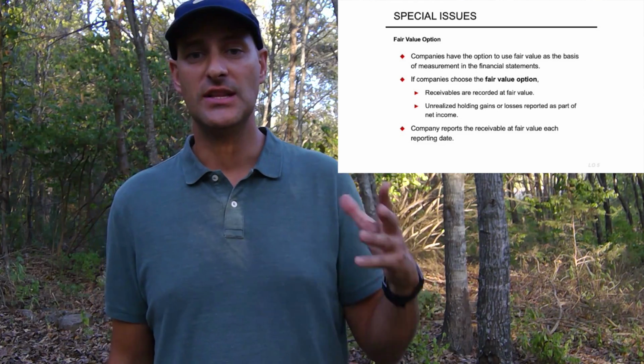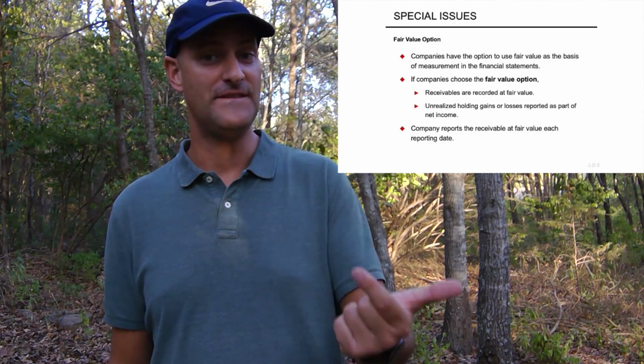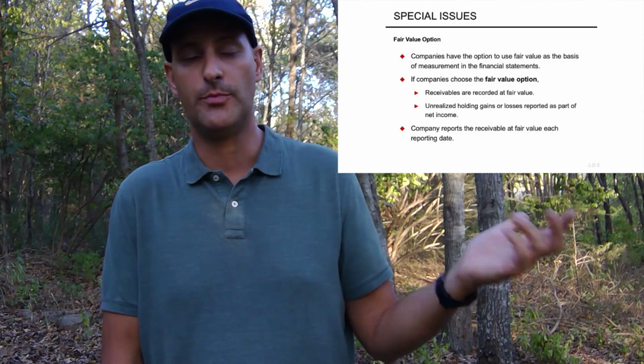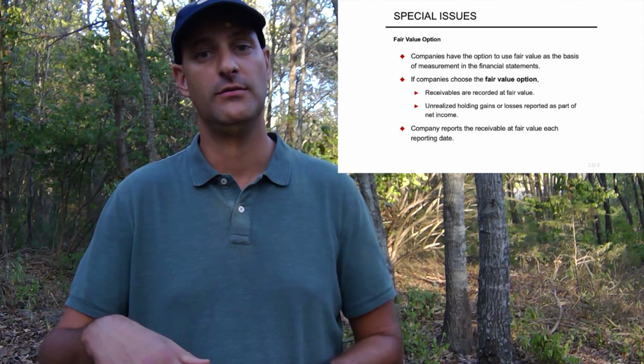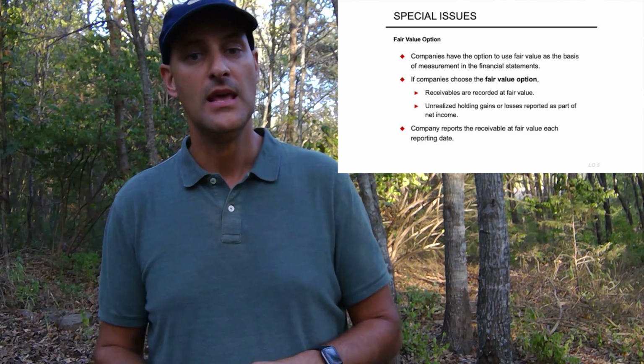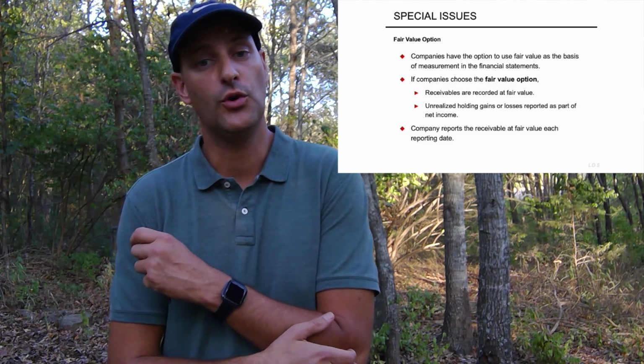If a company chooses the fair value option, receivables are recorded at the fair value, and unrealized holding gains and losses are part of net income. So if the value of the receivable goes up or down during the period, that changes your net income. And the company has to report the receivable at the fair value each reporting period.